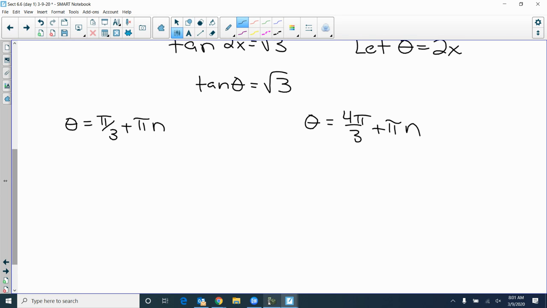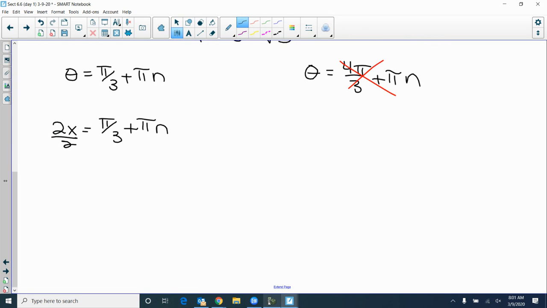So what happens, and we talked about this earlier, what happens with tangent and cotangent? Okay, these two sets of answers are actually going to be the same. They're just going to repeat each other. So we don't need to do the second set because it's already on there. All right? Only for tangent and cotangent. Now I have this. Now I have to go back and substitute back in for theta. I got to let that equal 2x equals pi over 3 plus pi n.